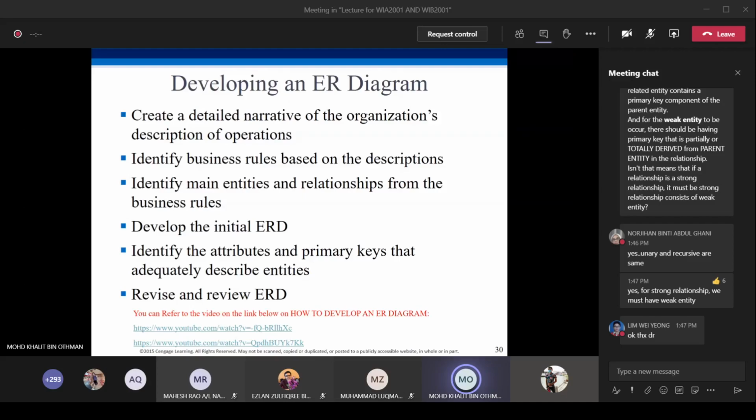Based on this rule, we can identify the entities and the relationship in this business rule. The entities are employee and project, and the relationship is that an employee is assigned to a project. So again, an example of a business rule is an employee can be assigned to many projects. Based on this business rule, the entities are employee and project, and we also need to identify the relationship between these entities.